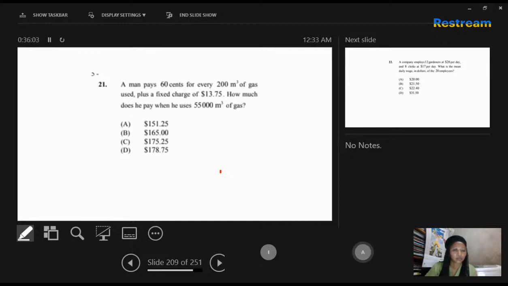Well, we divide that by 200 to see how many meters cubed. Divide 55,000 by 200.